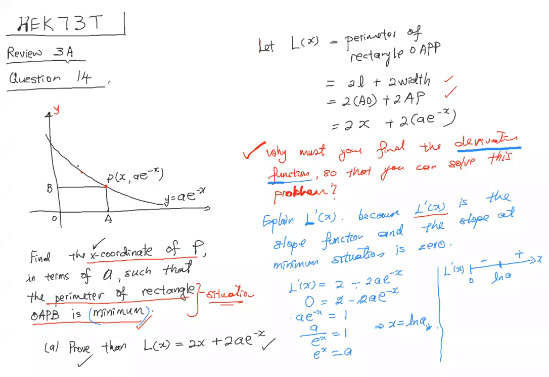So therefore, I say the x coordinate of P is ln A, such that the perimeter of OAPB is minimum.